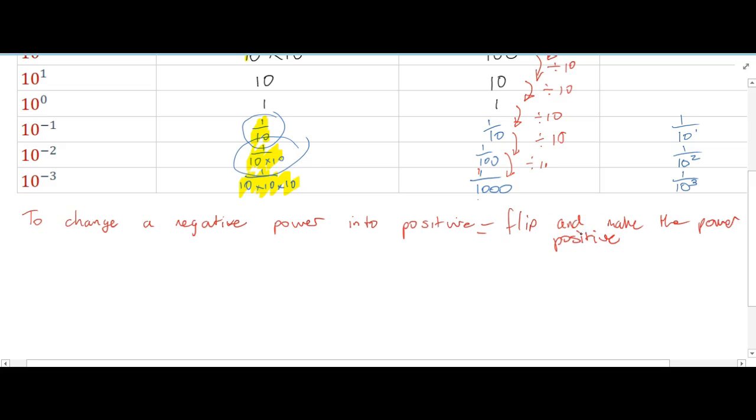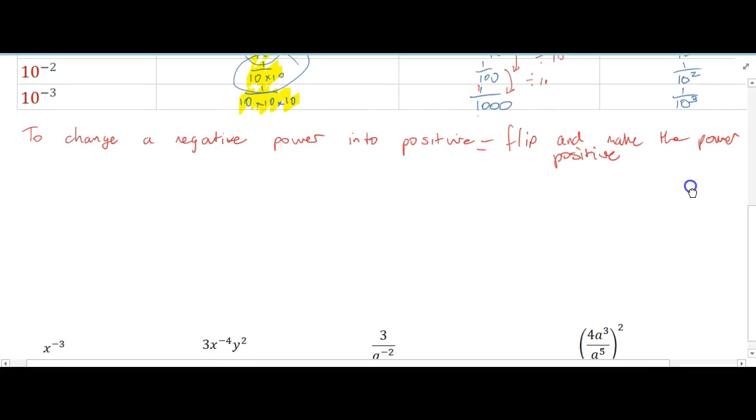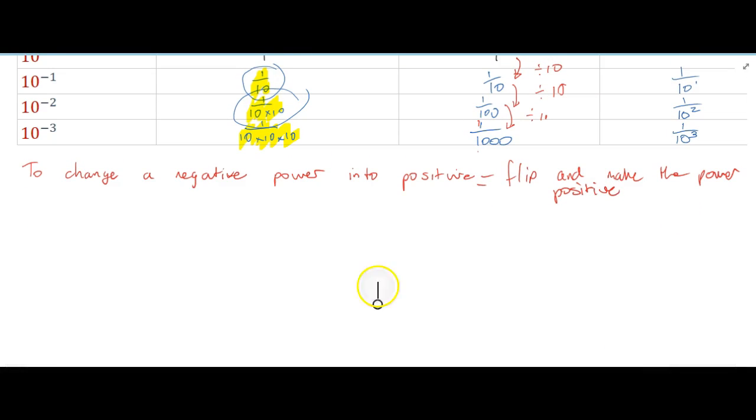It's not a great explanation, but it can be written in general form. So a to the power of negative n is equal to 1 over a to the power of positive n. That's the general form for negative powers.